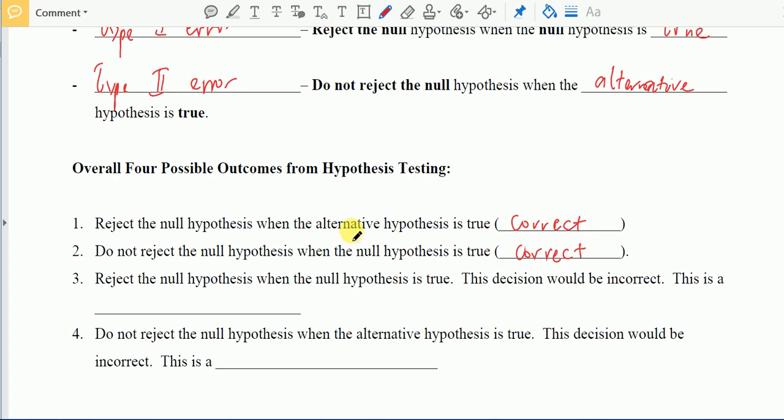Reject the null hypothesis when the null hypothesis is true: this decision would be incorrect because you reject it while it is true, and this is a type 1 error. That means we make an error. And then we do not reject the null hypothesis when the alternative hypothesis is true: this is incorrect, and this is a type 2 error.